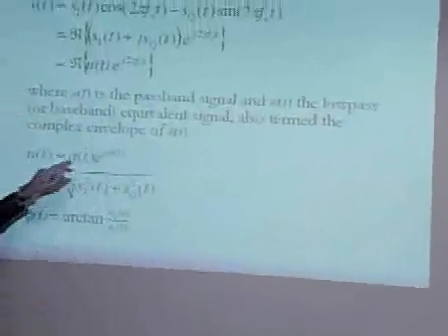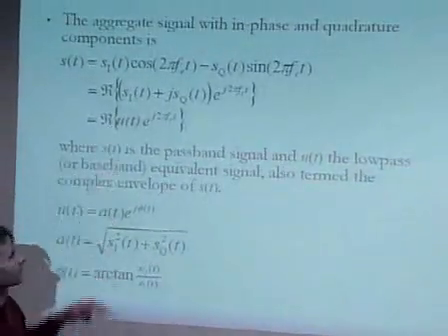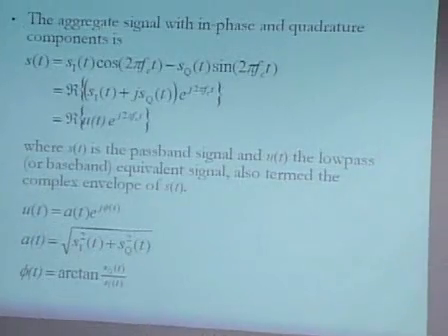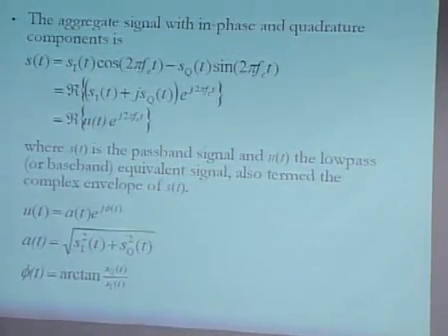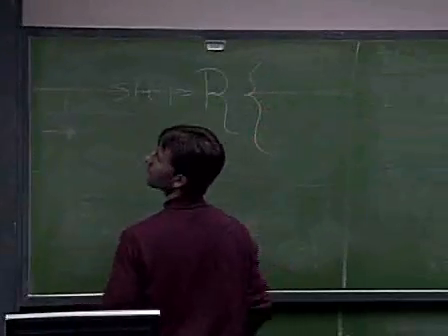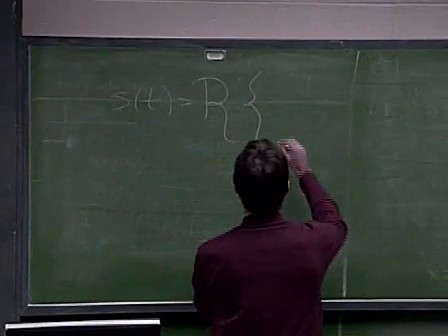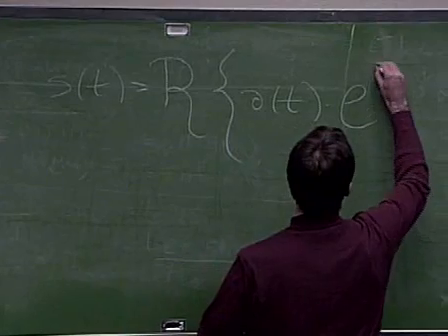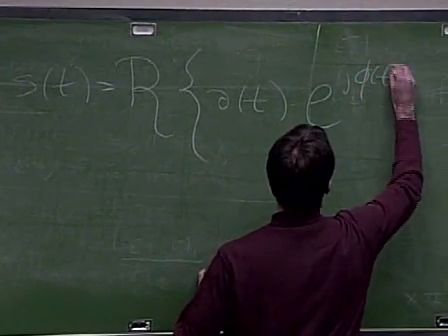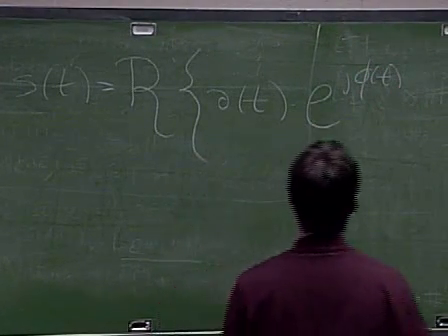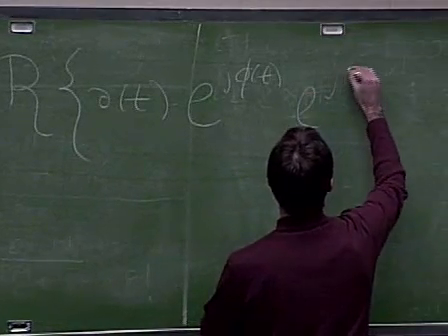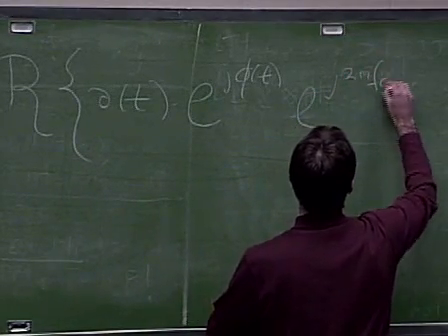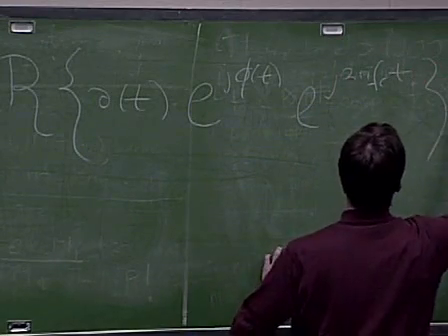If we put here the representation in polar coordinates, we have the real part of A of t e to the j phi of t times e to the j 2 pi fc t.